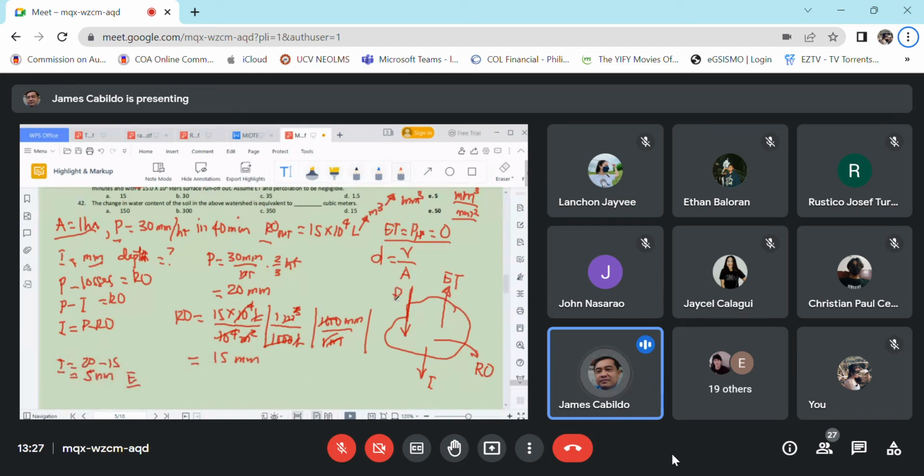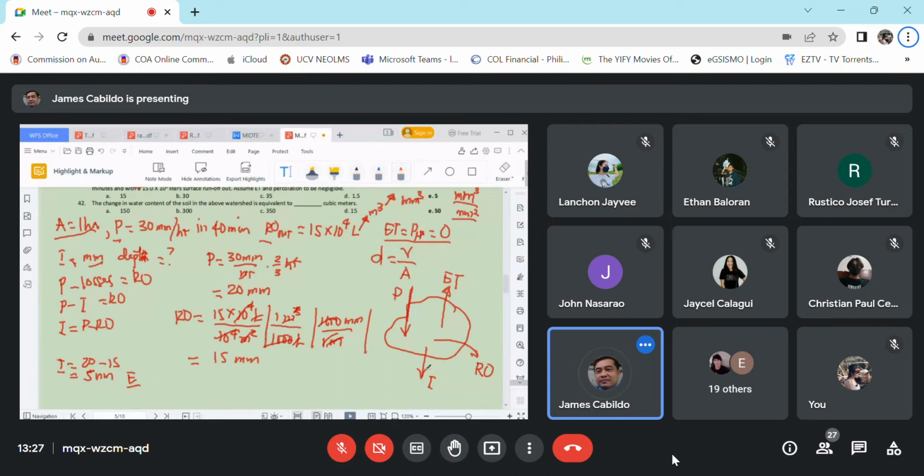Is it the ET or infiltration? Infiltration po, sir. Yes, it's the infiltration. So anong gagawin natin sa infiltration? Dahil cubic meters ang hinahanap, i-convert lang natin ito into cubic meters. So ang pumasok lang sa lupa na nagpabago ng kanyang moisture content ay itong infiltration.